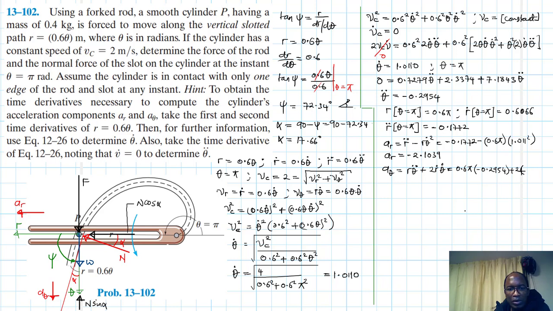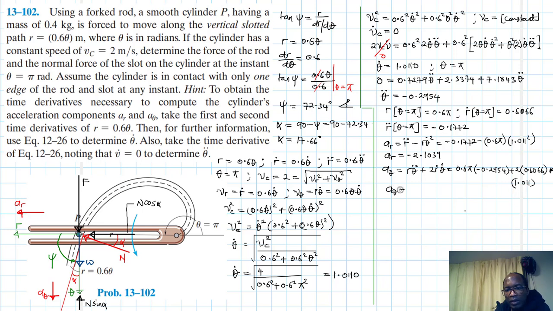Our R dot is 0.6066 by theta dot, which is 1.011.